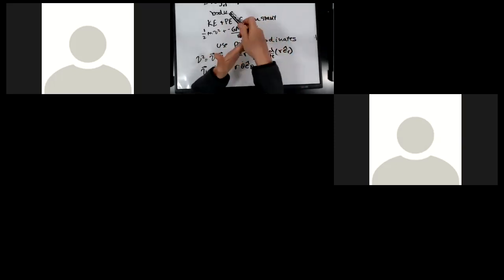Am I still on board? Running out of room. And since e hat r and e hat theta are perpendicular, that is, e hat r points in the direction of the particle and e hat theta points along the theta direction, so it's always perpendicular to e hat r, then V squared, which is V dot V, is just equal to r dot squared plus r squared theta dot squared.